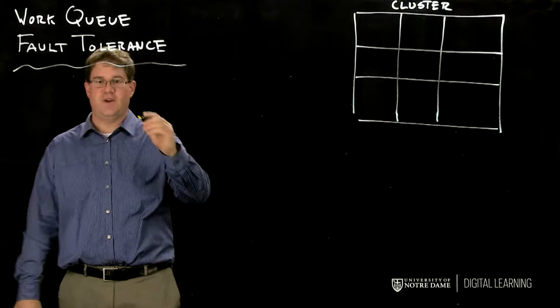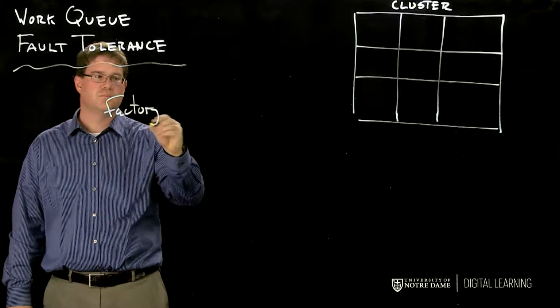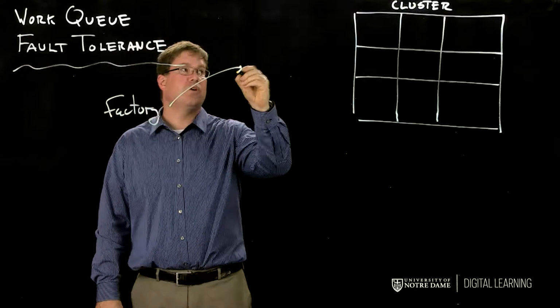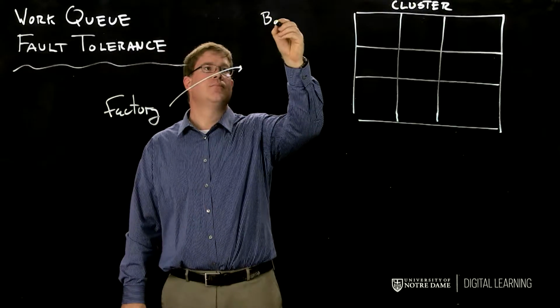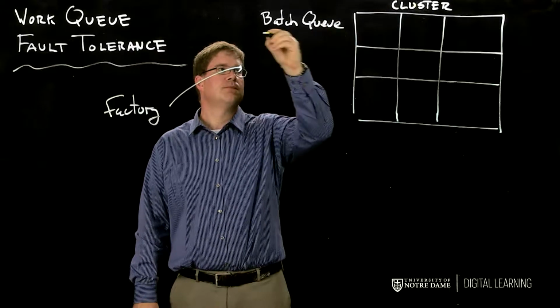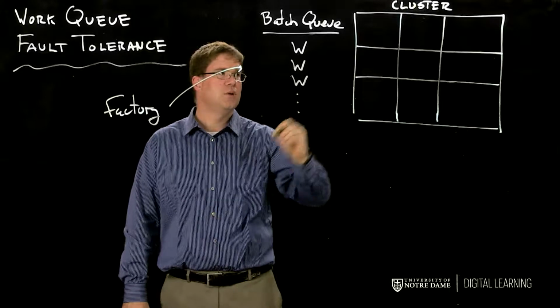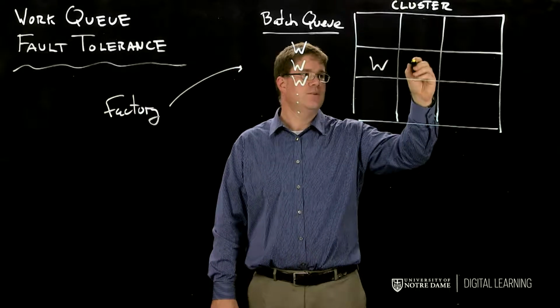Let's suppose that we have here a factory whose job is to submit workers into a batch queue. And those workers may sit there for a little bit, and then eventually they run in the cluster.